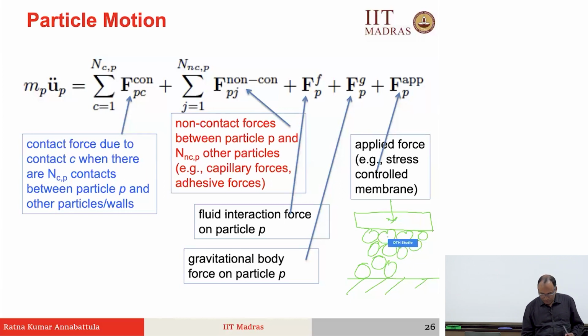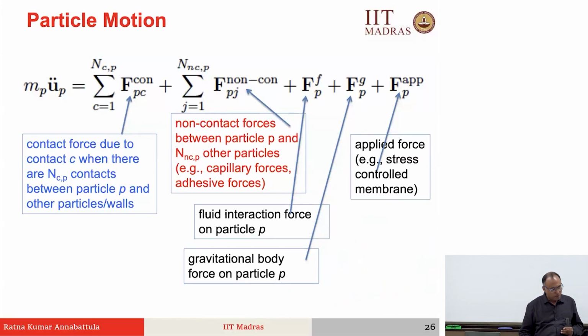But if I isolate this particle, it is subjected to this force, and there is a contact force from this neighbor, from this one, and possibly from another. If it is under gravity, there is a gravitational force. If it is in a fluid medium, there is a fluid drag force, all these things. Whereas if you take this other particle, there is no applied force, there is only contact force. That means the boundary forces coming onto the particles are the applied force. Only where there is an externally applied force in addition to the contact forces will you have applied force, otherwise for other particles it will be 0.